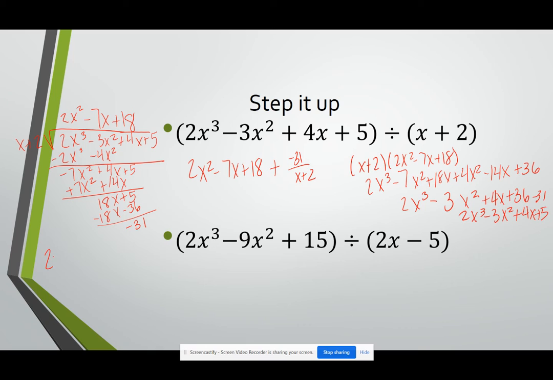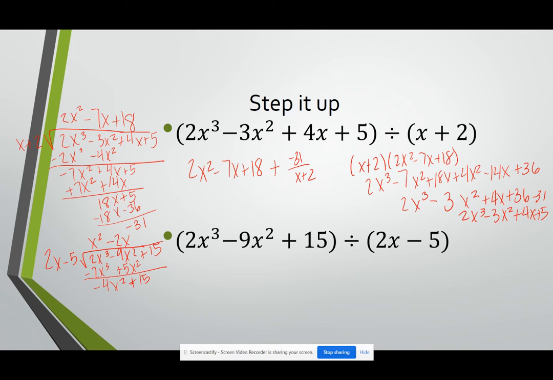So this would be 2x on the outside minus 5, square root of 2x to the third minus 9x squared plus 15. So this becomes x squared, so minus 2x to the third, plus 5x squared, negative 4x squared plus 15.